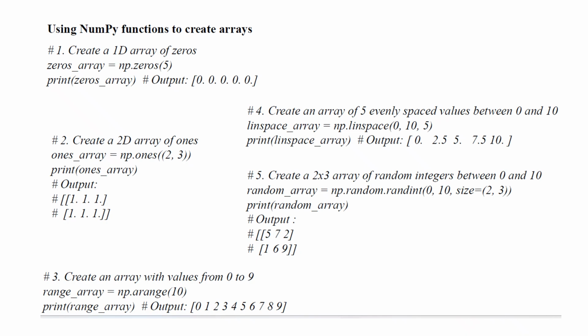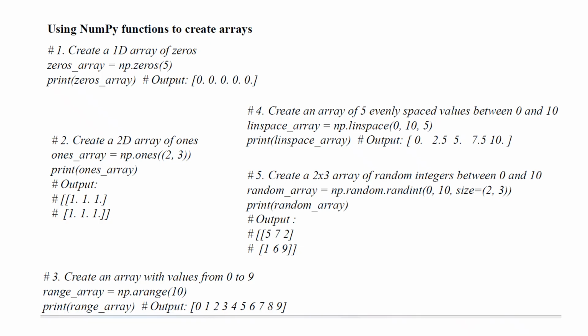So this line will create 5 evenly spaced values between 0 and 10. You'll get an output like 0, 2.5, 5, 7.5, and 10. Unlike arange, linspace includes the ending value and divides the interval evenly.